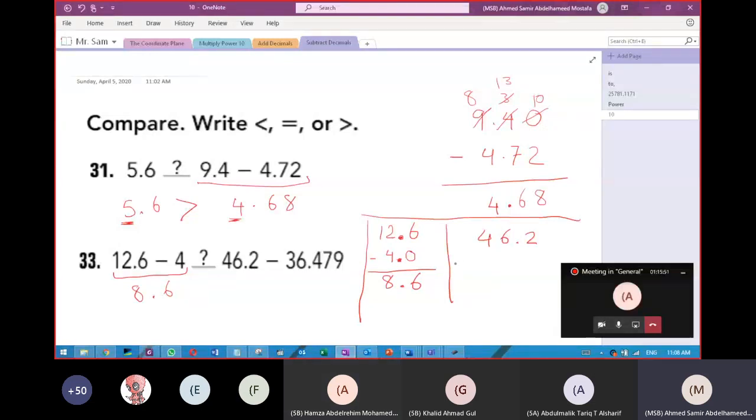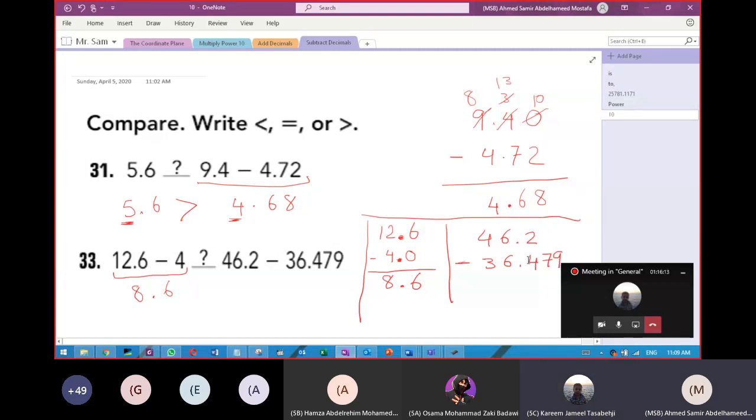Mr., after 2 minutes, which question are we on now? It's written already on the screen, number 33. I can't see the screen. Who's talking here? Me, Kareem.